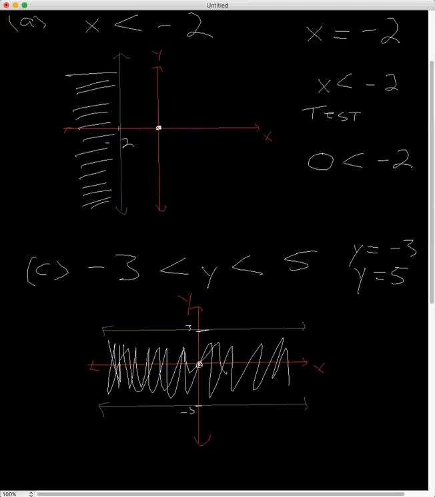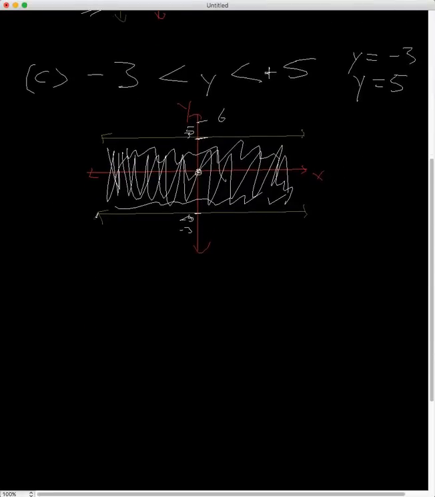Now, if you take a point outside this area, for example 6, is 6 greater than -3? Yes, it is, but 6 is not less than 5. So the area above 5 is not part of the solution. And notice this should be 5, and this should be -3, pardon me. There we go. Now I got it correct. Once again, the inequality is in between these two lines here. Sorry for the confusion.